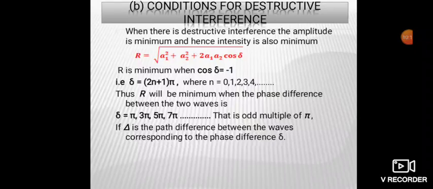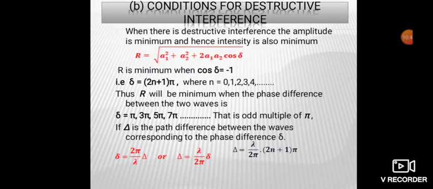And if the path difference between the waves corresponds to the phase difference, we can write again by the relation: phase difference is equal to 2 pi by lambda into path difference, or path difference is equal to lambda by 2 pi into phase difference. Again substitute the value. Therefore, path difference is lambda by 2 pi, and the phase difference for minimum is (2n plus 1) pi.